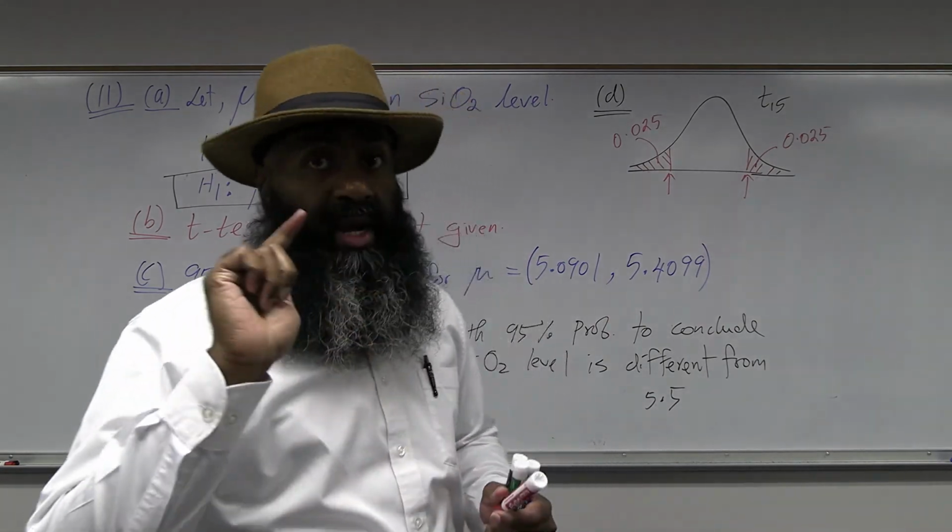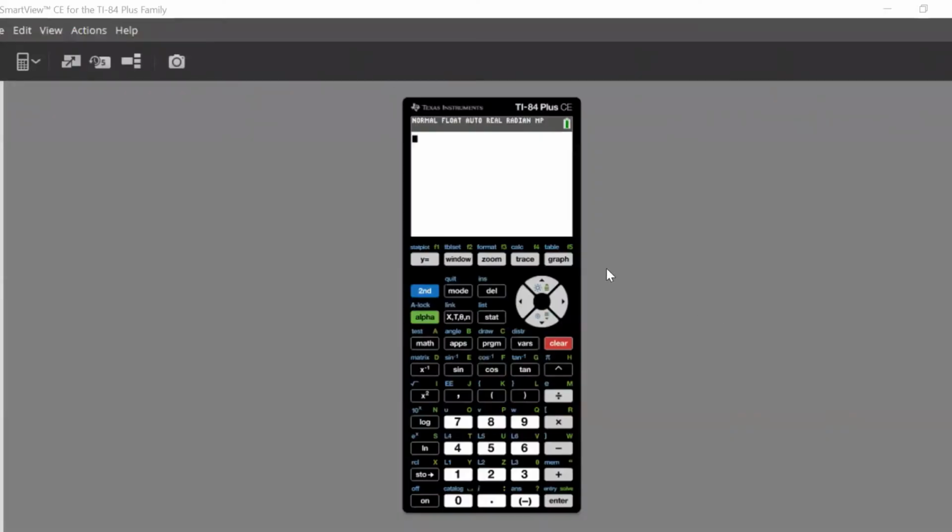Let's go to your calculator and find them. We need to go to distributions, second, variables, that's where we have distributions, and we have to select number 4, inverse t. Hit enter, and the area is 0.025. Area means area to the left. When you enter the area as 0.025, you will get the critical value on the left tail, which is a negative value.